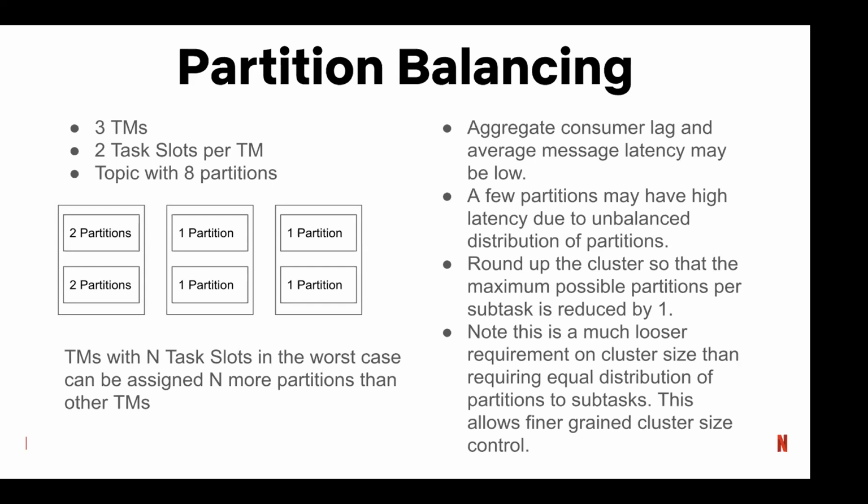When we make a scale-up decision, we scale up the cluster size such that the number of partitions assigned to each consumer will be reduced by 1 at least. So that's a looser requirement, but it can address some of the skew that can happen, and gives us more flexibility with partition counts and cluster sizes.